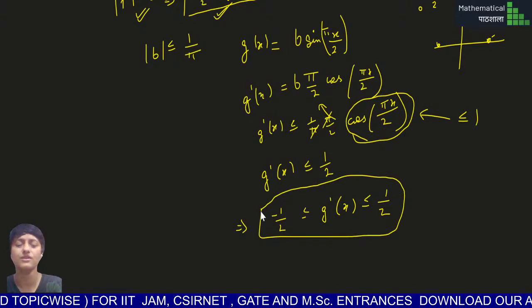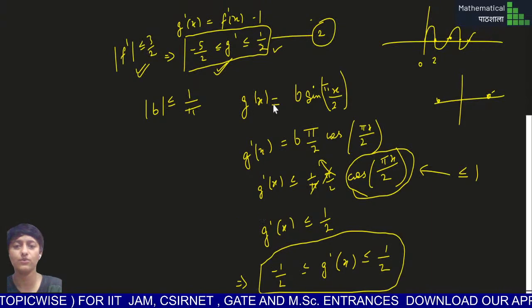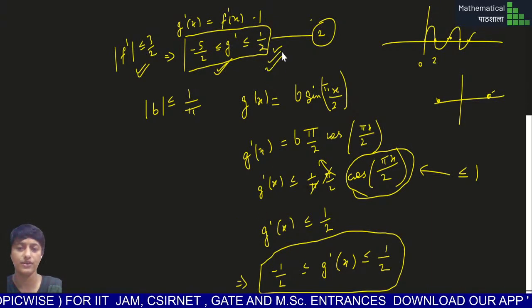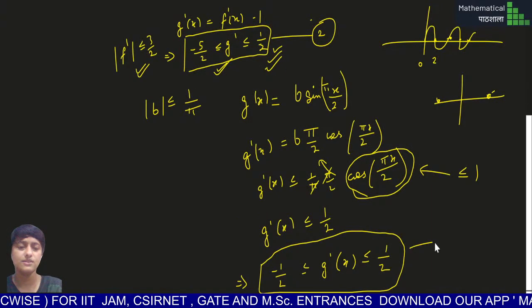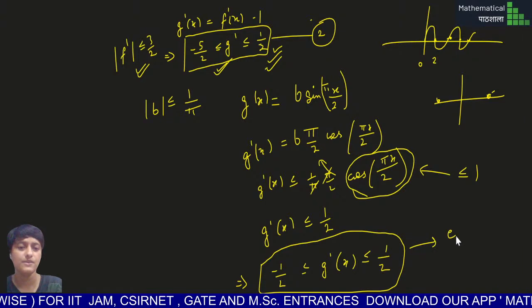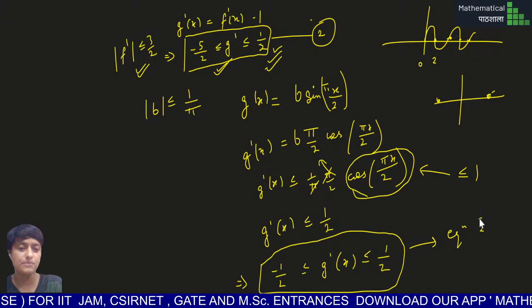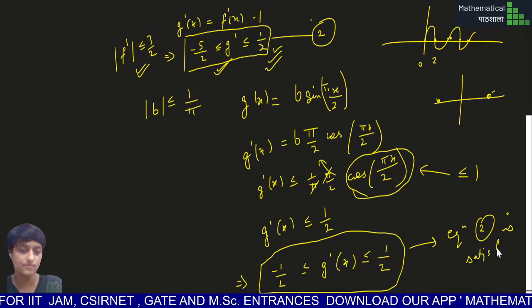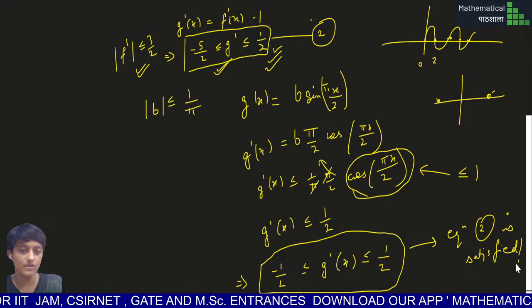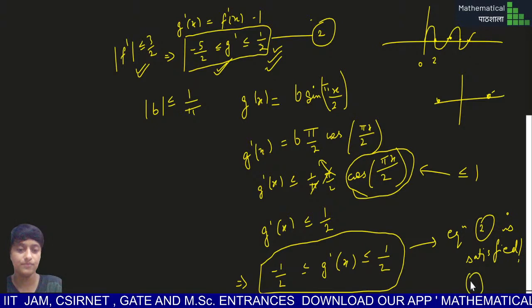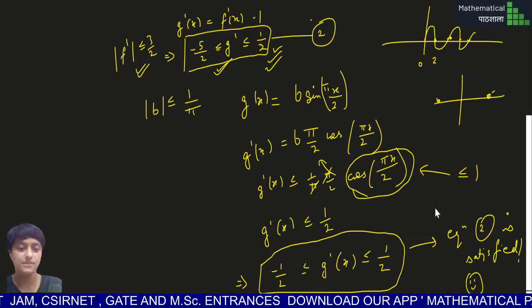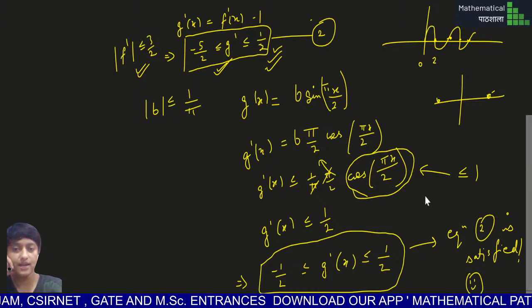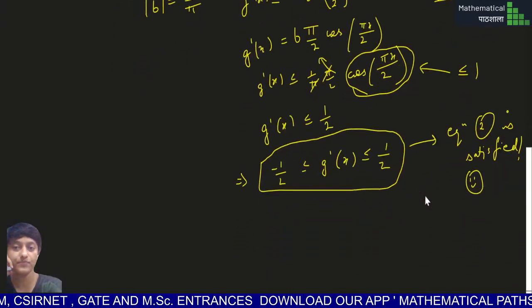We just need to check if equation number 2 is satisfied or not. You can clearly see from here that equation number 2 is well satisfied. So it means that we can take such a function g.